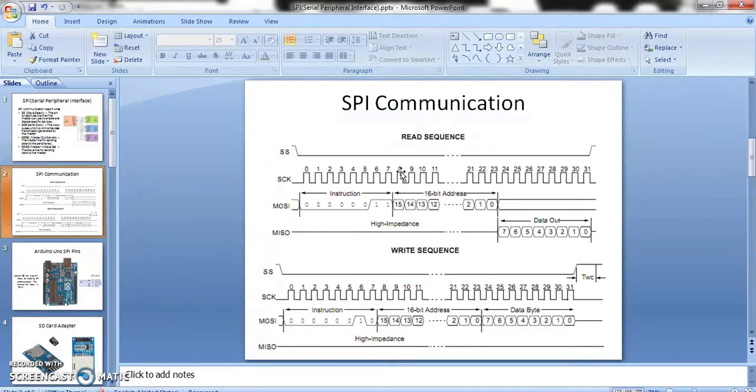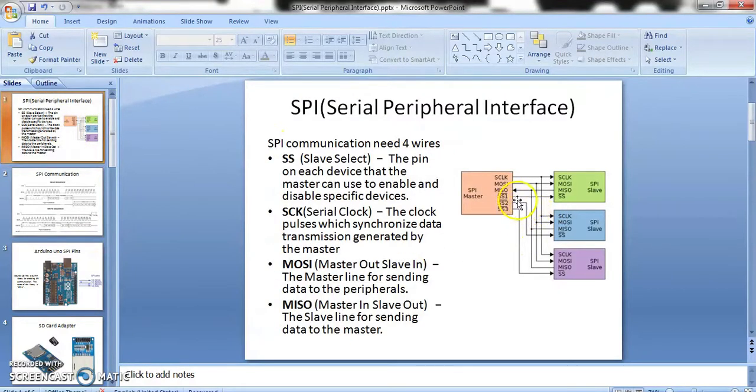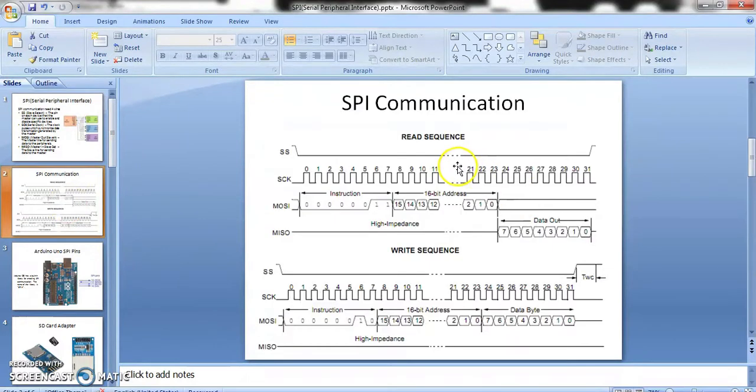So when the master wants to read some data from the slave, these are the main things happening in the communication system. First, the master will call a slave. Whenever the master calls a slave, this slave select line will go down, and a clock starts generating.